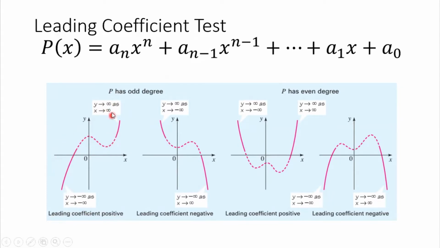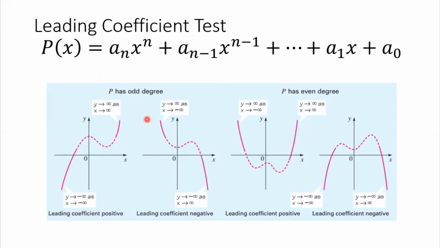So here, y approaches infinity as x approaches infinity, and y approaches negative infinity as x approaches negative infinity. Or I always say this one to my students, that for us to remember, we can also say that it starts from southwest and it ends here in the northeast.